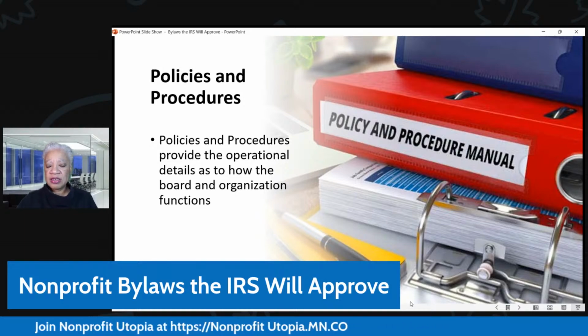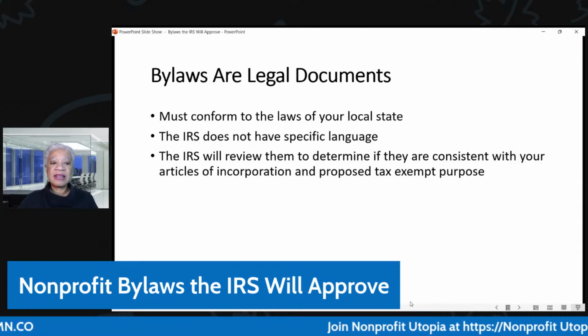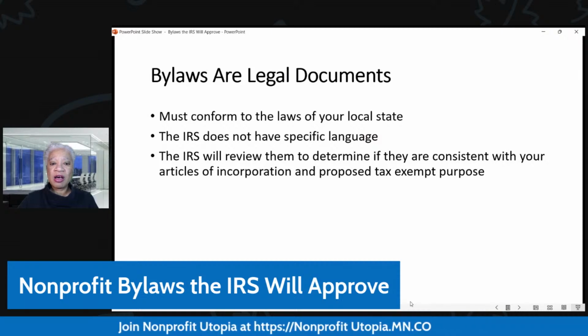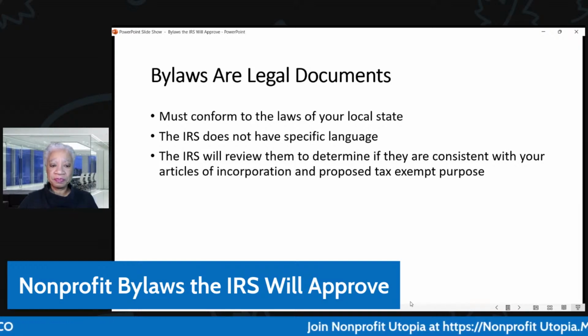So we're going to talk about what should go in your bylaws. First, you should acknowledge that bylaws are legal documents. Your bylaws, if done correctly, are going to be in alignment with the laws of your state. So that's very, very important.